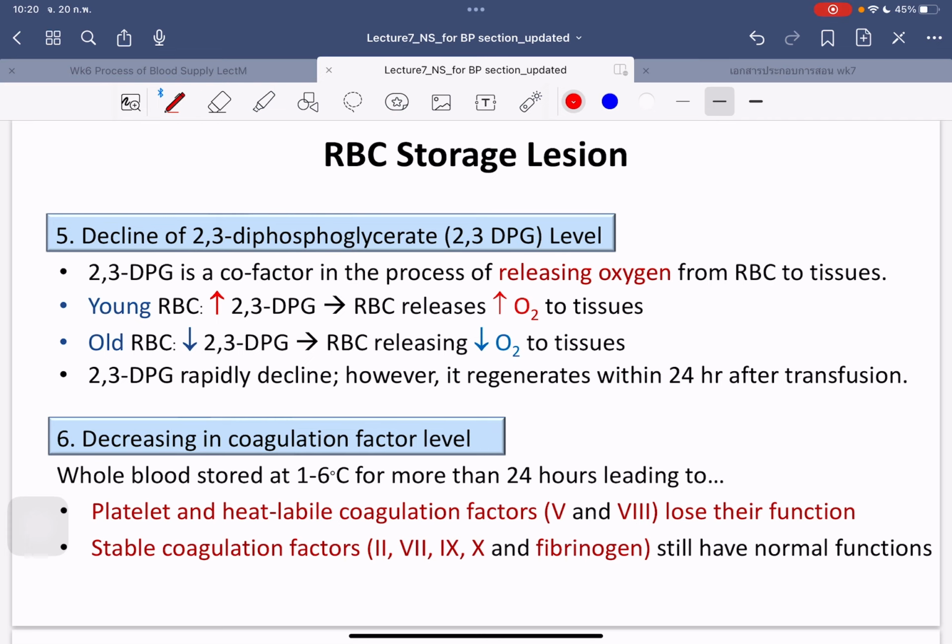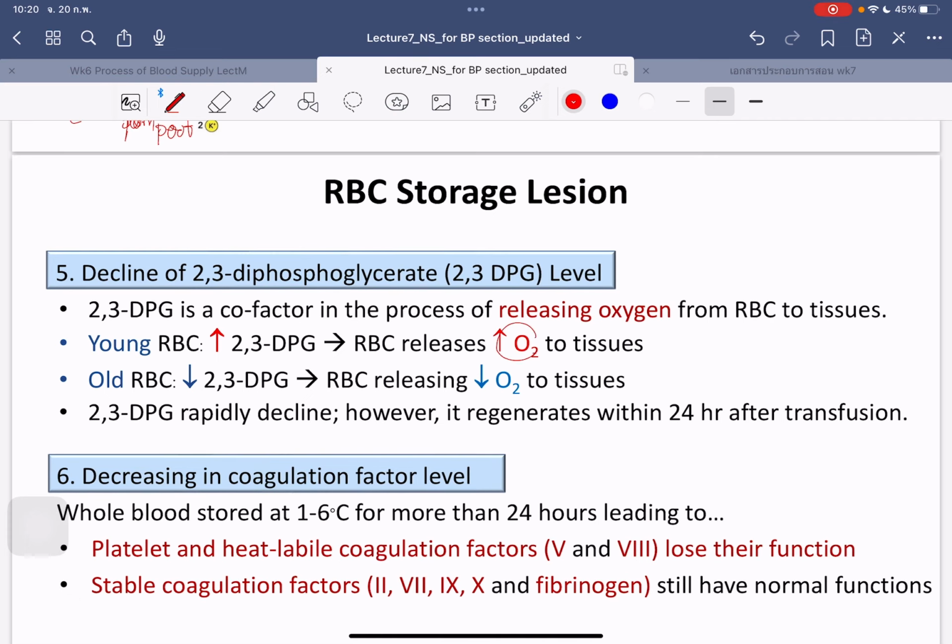It means that if the molecule is reduced, the red blood cell cannot release oxygen to tissue. In young red blood cells, the level of 2,3-DPG is increased, which means they can release oxygen to the tissue well. Young red blood cells does not mean from young people, but red blood cells that are freshly collected, such as within 7 days. Old red blood cells are those stored in the bag for a long time.